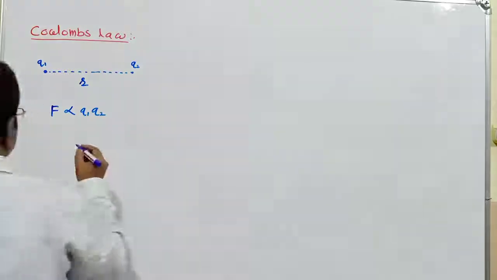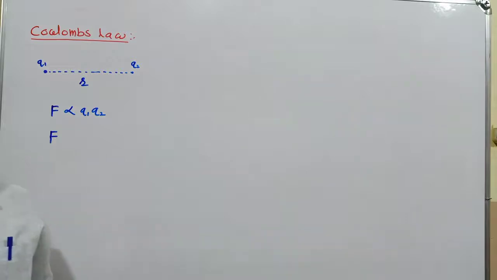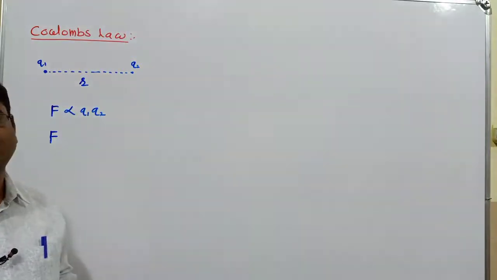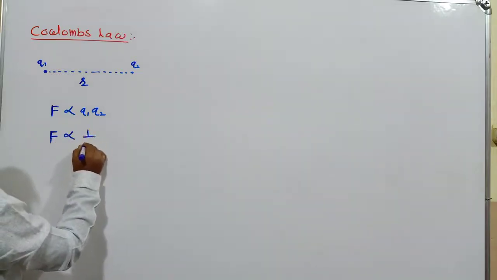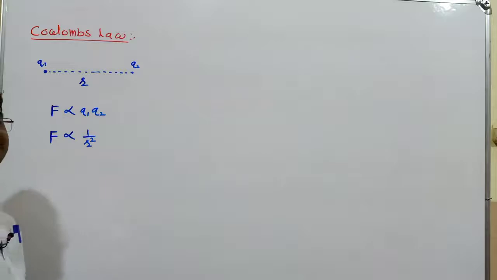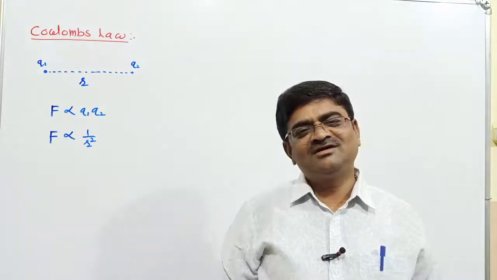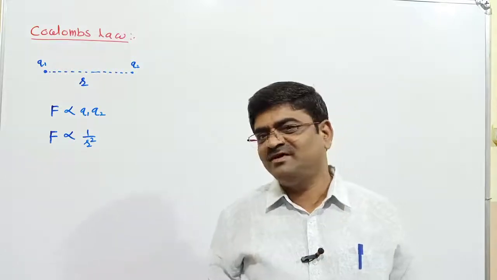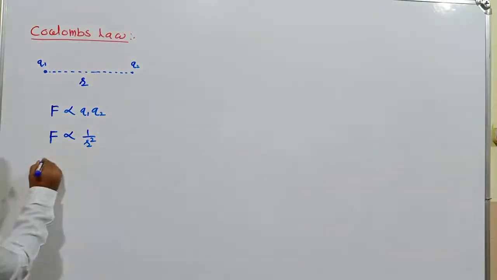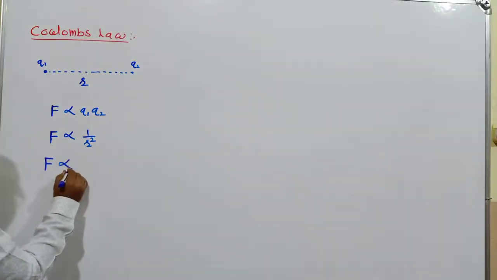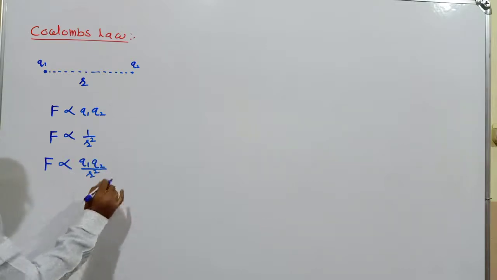It is also found to be dependent on the separation between the two charges, and that dependence is inversely to the square of the distance between the two charges. That's what I have written. Combined, if you remember, F proportional to Q1 Q2 divided by r square.